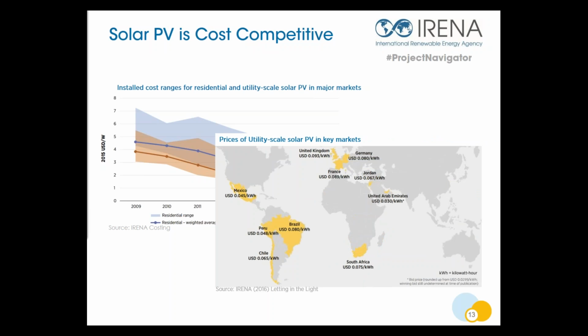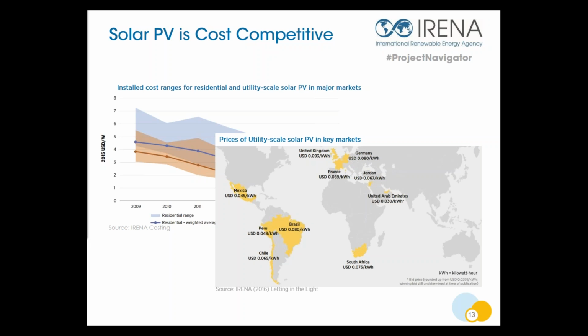And that is also reflected in some of the cost of the projects that are being offered, notably through auction processes. So this year the most remarkable announcements were a project in Dubai offered for less than $3 per kilowatt hour, and a similar case also for Chile. Now these are of course prices that cannot be reproduced everywhere.